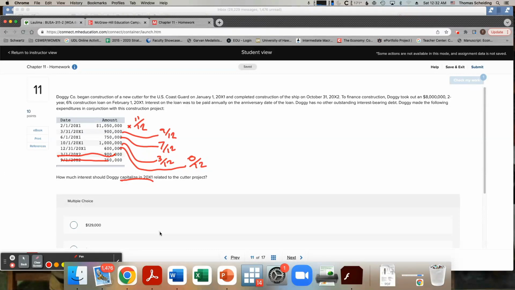So we're going to need to multiply each of these expenditure amounts by these fractions that give us the remaining portion of the year, and we're going to do that to get our cumulative weighted average of expenditures.